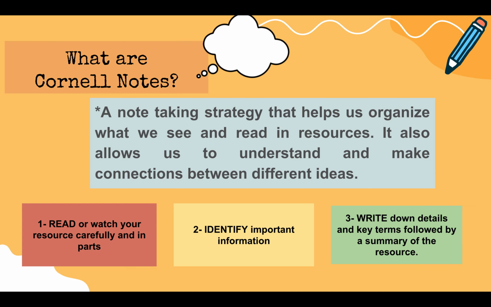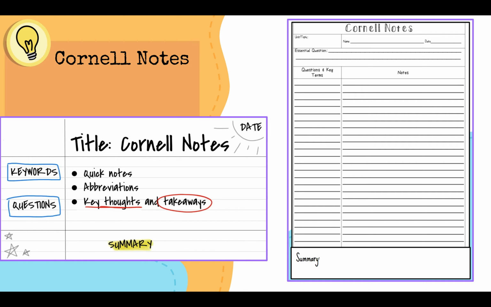So let's take a look at what this strategy would look like when we are actually using it. The first thing you want to do is prepare your paper in your notebook or your journal for your class and write down the date. The date is very important because it allows you to go back and look for specific notes when you need them.